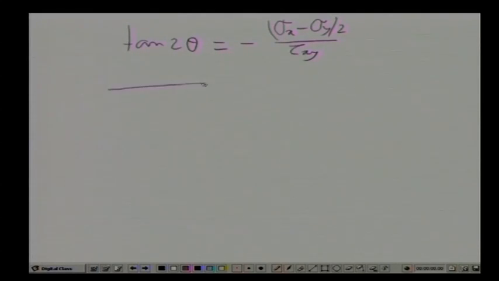So, if we place this in a geometrical form, this we have said 2 theta s. So, this angle 2 theta s, this is tau x y and this is minus sigma x minus sigma y by 2.